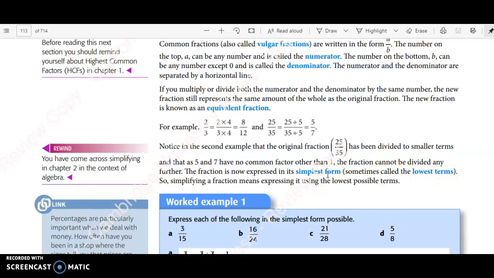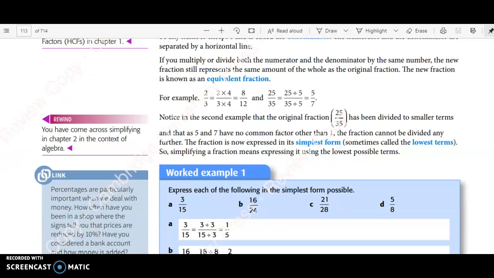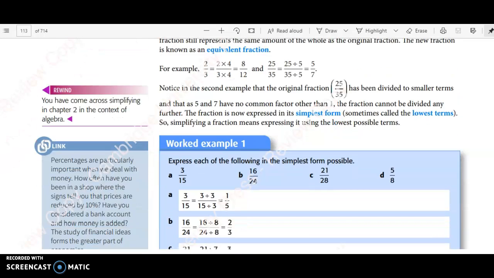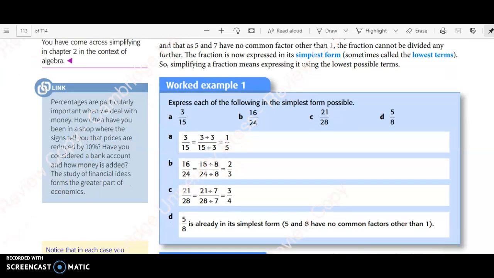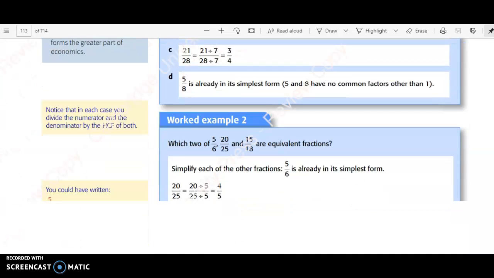So simplifying a fraction means expressing it using the lowest possible term. This one is the lowest possible term. Both of the numbers are prime numbers, so we cannot divide it by another number anymore. Okay, you may look at the work example by yourself.